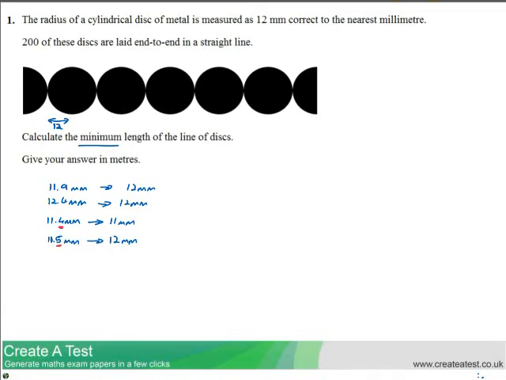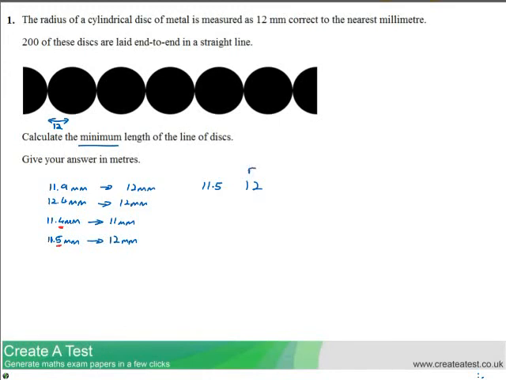So we know the minimum value this 12 could have been is 11.5. And we also know that the highest value it could be is not 12.5, but just less.